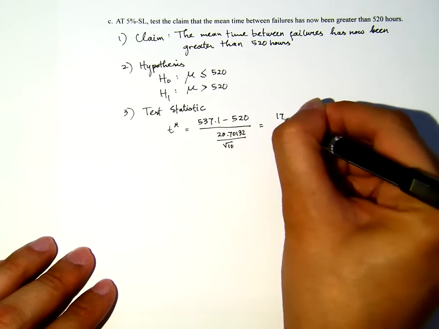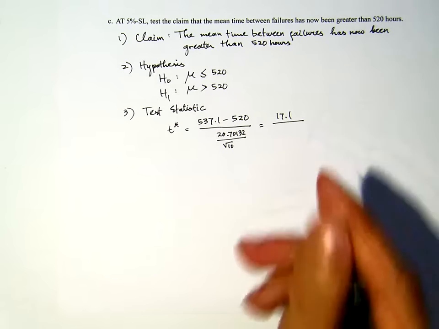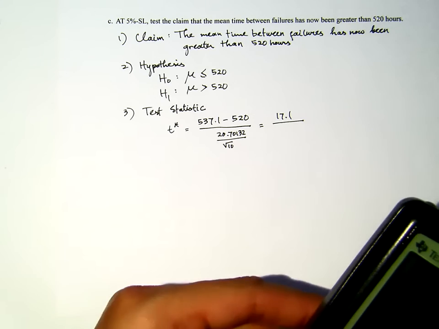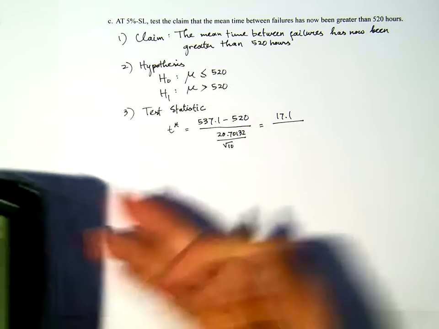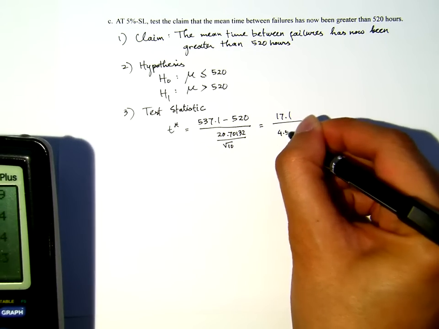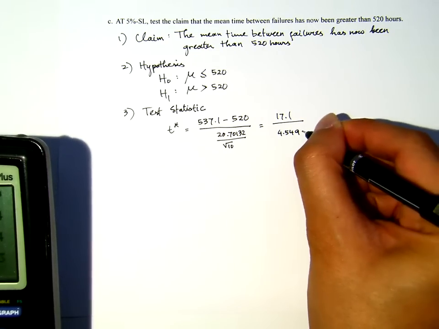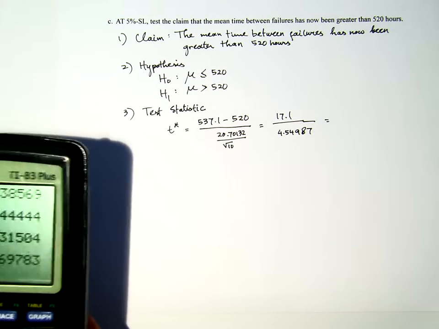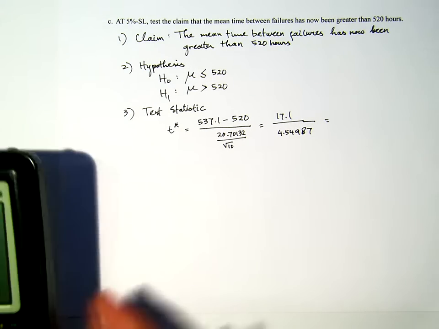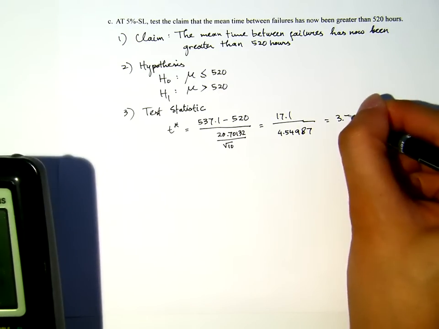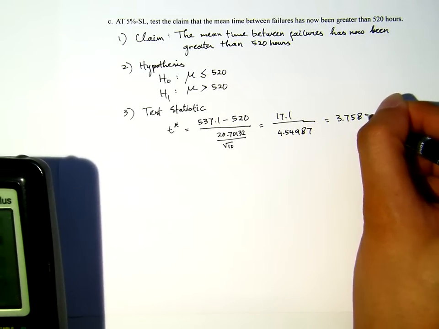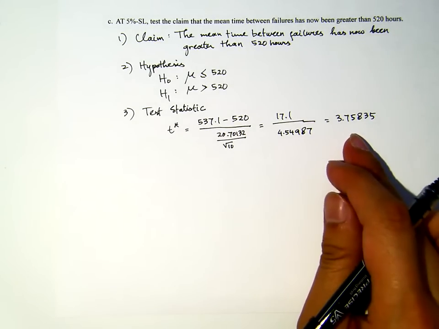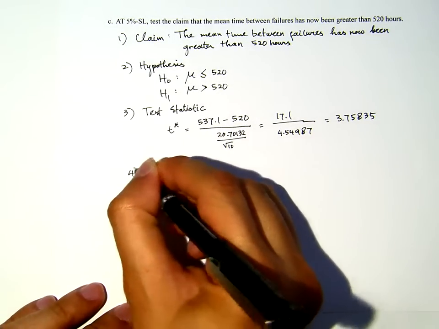So that's 17.1 over, let's see, if I compute that, divided by square root of 10, that will be 4.5498. Now 17.1 divided by that number gives me 3.75835. Okay, I think we just need 2 or 3 decimal places, but let's see.